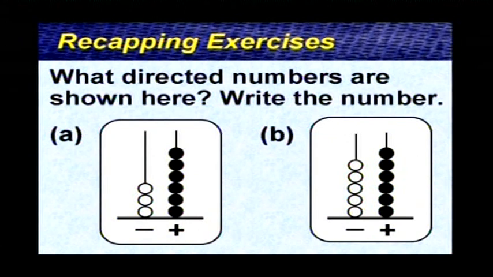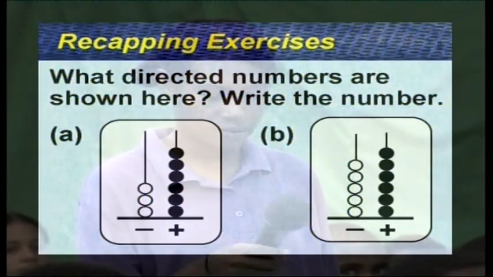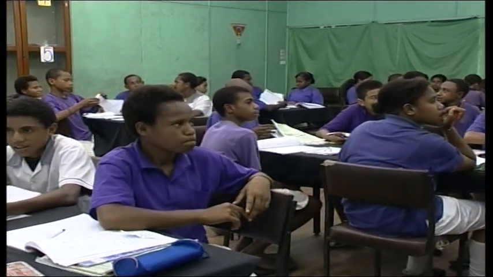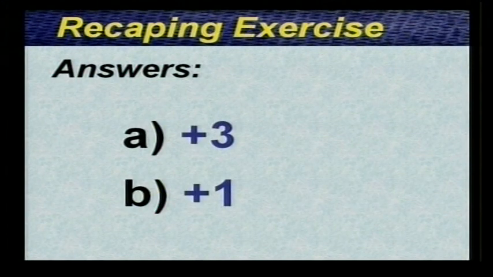Glenda? +1. +1. 7Es, put your hand up if you've got +1. Okay, very good. Let's check to see if those 2 answers are correct. A, we have +3, and B, we have +1. To the receiving students, these are our answers to our recapping exercises.